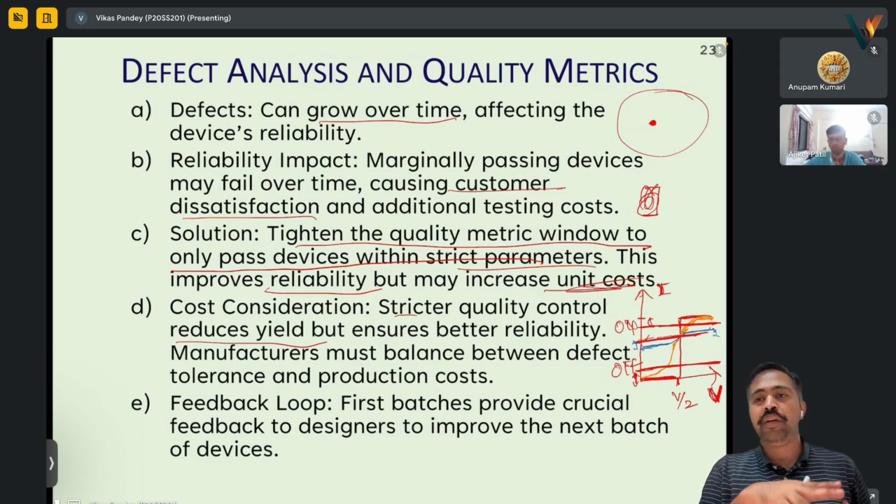Say we are getting i7 processors for below 1000, but it works fine only for 15 days. No one will take it.